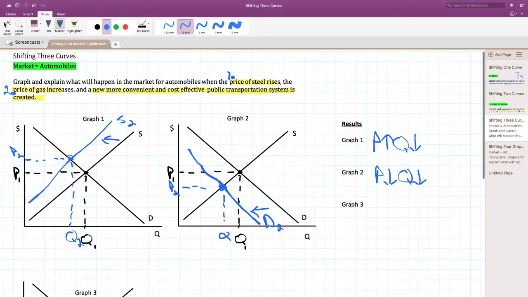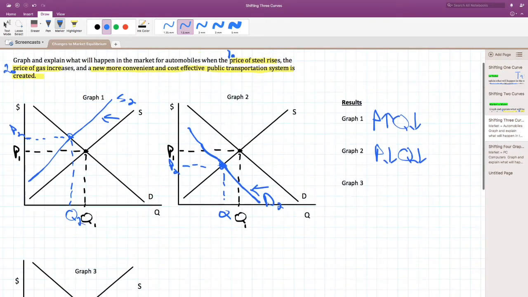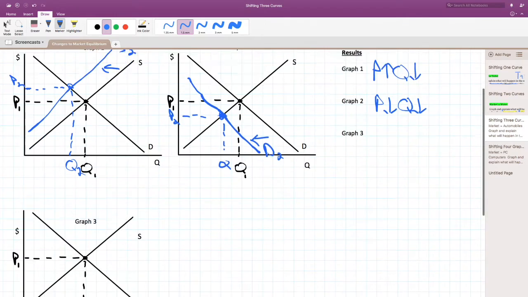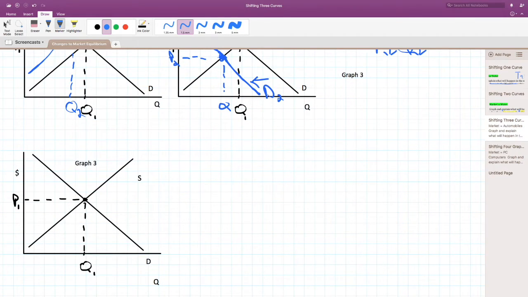Now, in graph 3, the scenario is a new, more convenient and cost-effective public transportation system is created. Okay, I'm going to graph this down here in graph 3. Now, public transportation and cars would be substitute goods, goods that are used in place of one another. If public transportation is suddenly much less expensive, I would anticipate the demand for cars is going to fall.